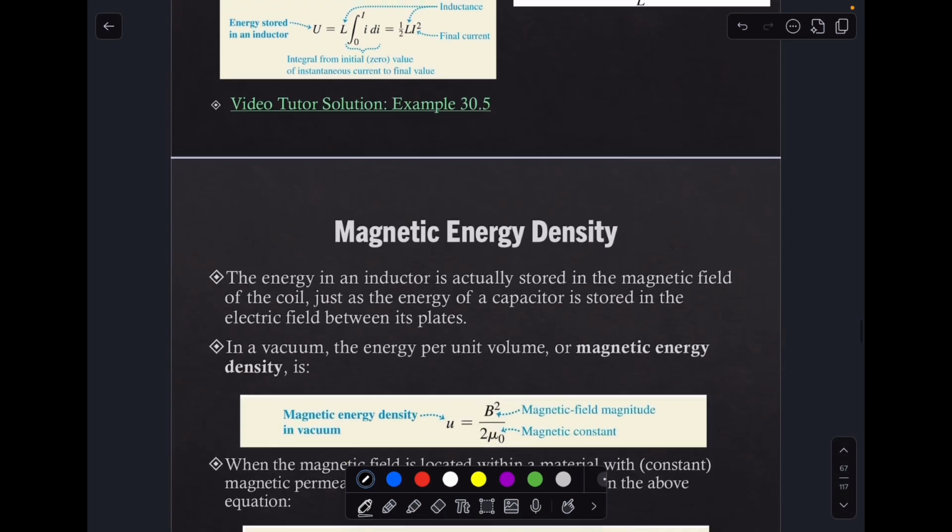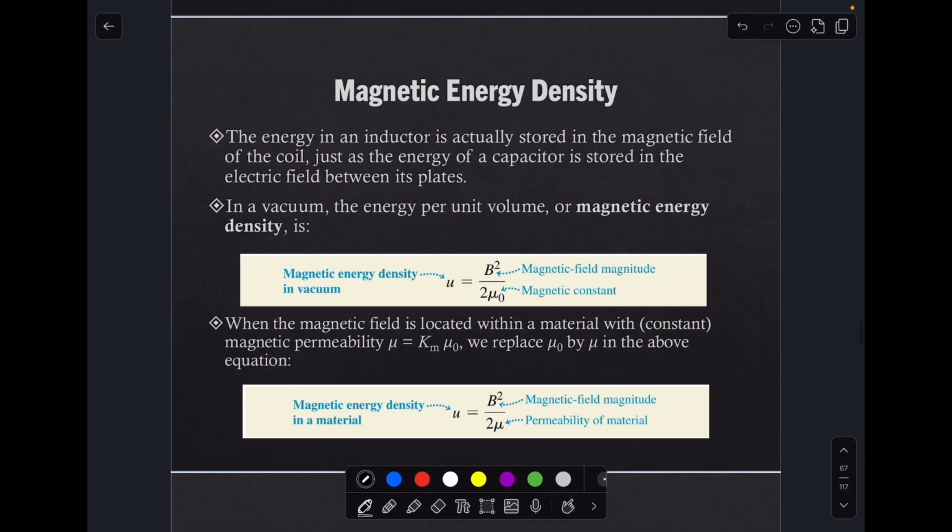We can describe this energy as a density. It makes more sense because the energy in an inductor is actually stored in the field of the coil, and the coil is not a 0-dimensional or 1-dimensional object. It's a 2 or 3-dimensional object.